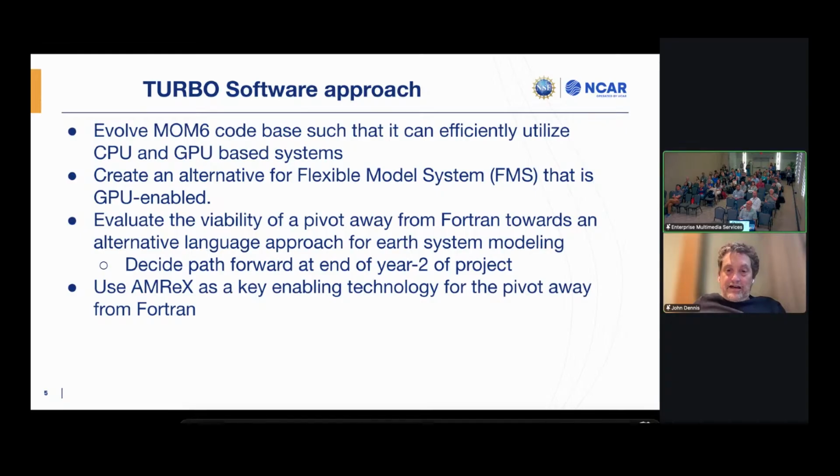Since the proposal went in, GFDL has been focusing on directive-based approaches using Fortran. So this is an alternative; I think these efforts are complementary. And we use AMReX, which is a C++ productivity framework, as a key enabling technology for the pivot.